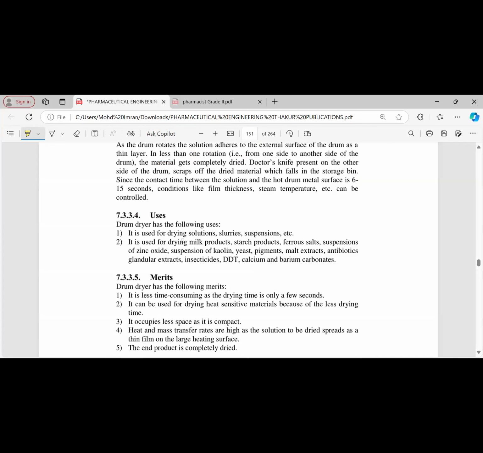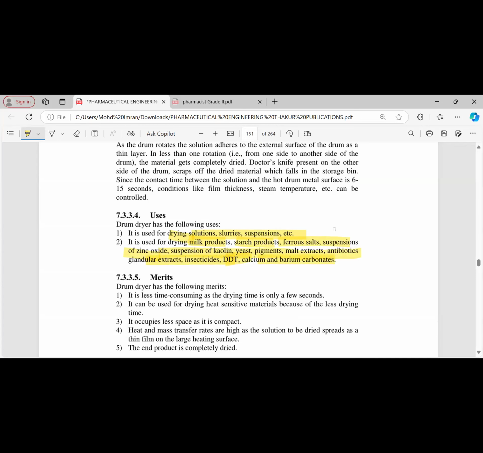Coming to the uses. It's used in preparation of dry solutions, slurries, and suspensions. Used in preparation of milk products like milk powder, starch products, ferrous sulfate suspensions, zinc oxide suspension, kaolin, yeast, pigment, malt extract, antibiotics, granular extracts, insecticides, especially DDT preparation, and calcium and barium carbonate preparation.